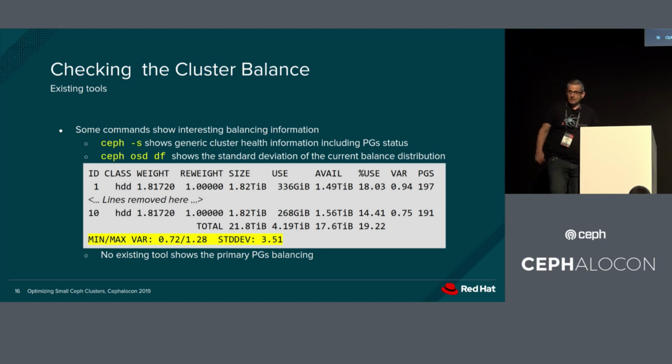ceph -s gives us something very important. It tells us whether the system is healthy or not. We don't want to do all kinds of balancing operations when the system is not healthy. Things are moving, we are not sure what's going on. So it's better to check the system is OK before we do this, or before we even test that the system is balanced.